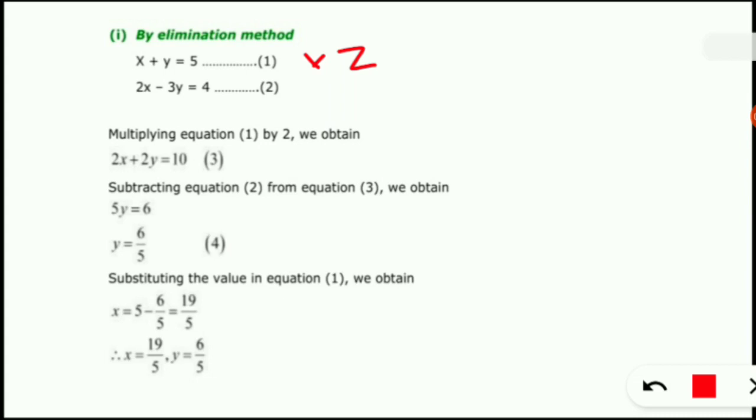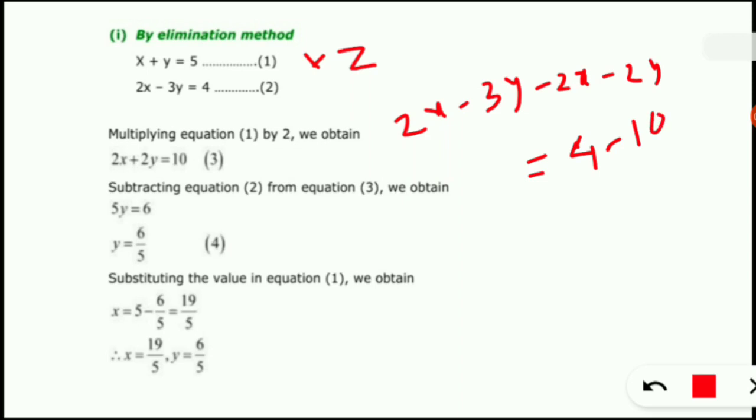Now subtracting equation 2 from equation 3 we obtain 2x minus thrice y minus twice x minus twice y equal to 4 minus 10.